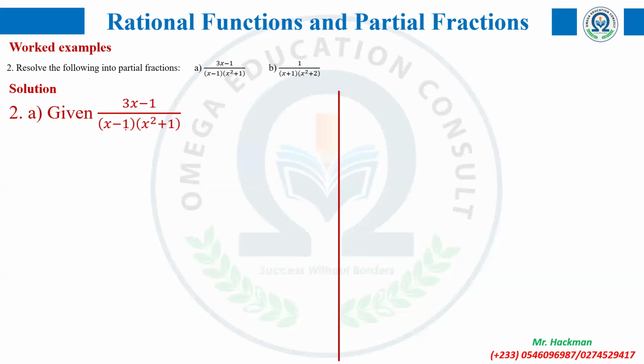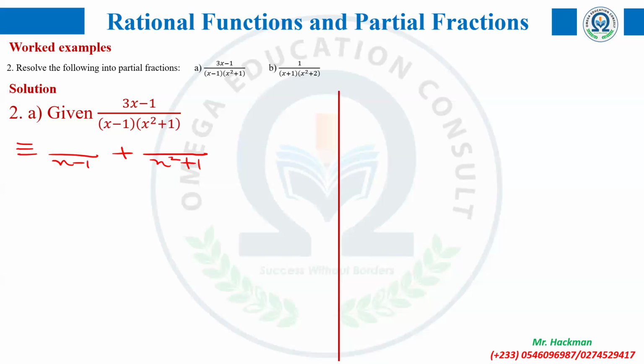This factor will give you 1 fraction, and this factor will also give you 1 fraction. So in all, we are going to get 2 fractions, where each of the factors will be sitting in the denominator. So I will write, identical to my first fraction, the denominator will be this factor, x minus 1, then plus my second fraction, the denominator will be this factor, x squared plus 1. Is my point well made?